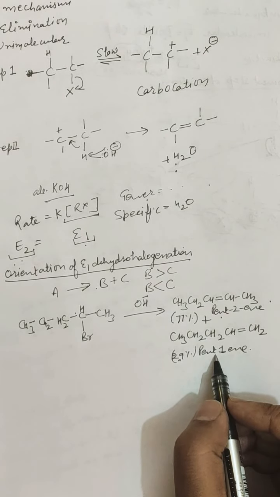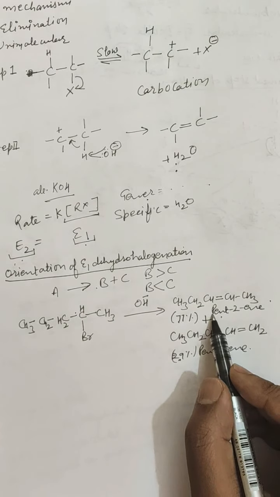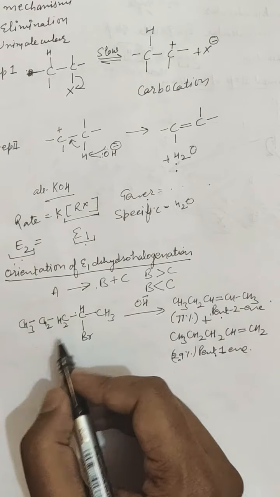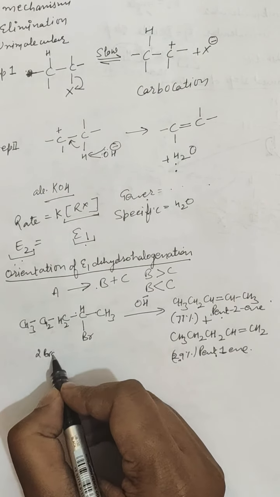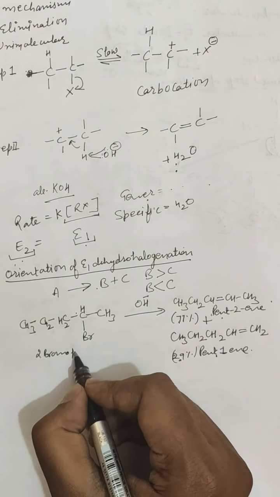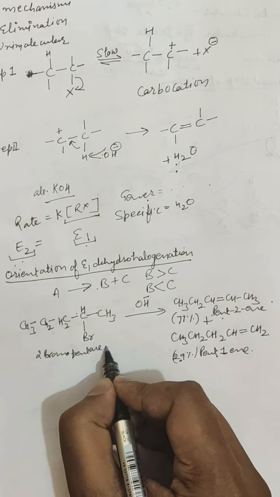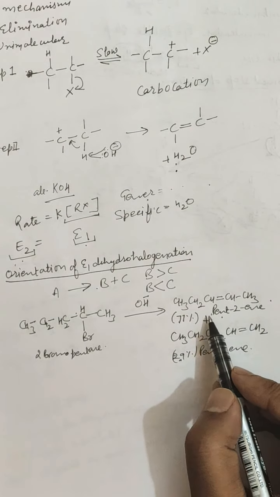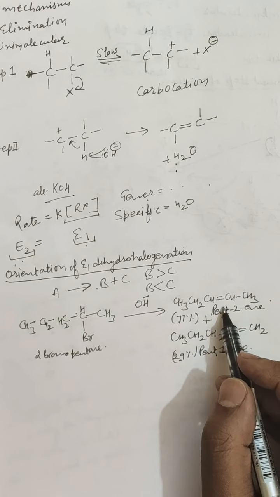So this is the major product formed during the dehydrohalogenation of 2-bromopentane, and it is formed in accordance with the Saytzeff rule.